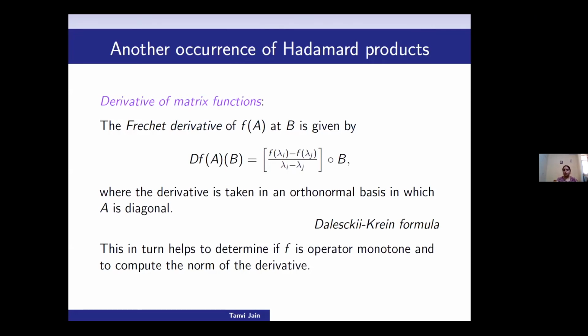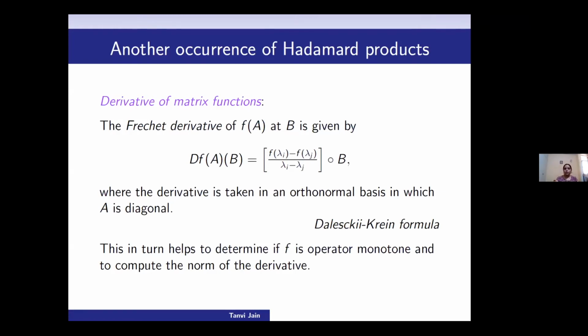This turns out to be a very important result when we are talking of operator monotone functions, the relationship between the Loewner matrices, the special functions, operator convex functions, and also, not to mention, a very important area, perturbation theory. This formula as well as Schur's theorem in combination allows us to calculate the derivative of the norms, and that in turn is very useful in perturbation theory.